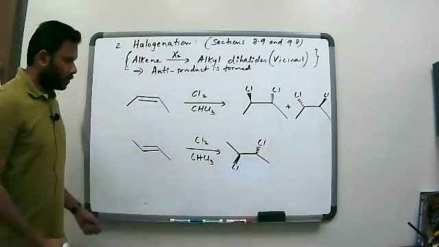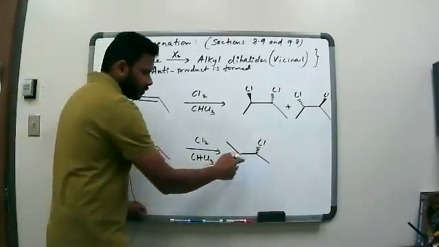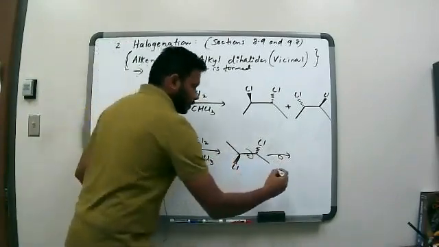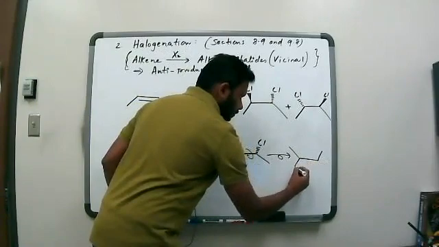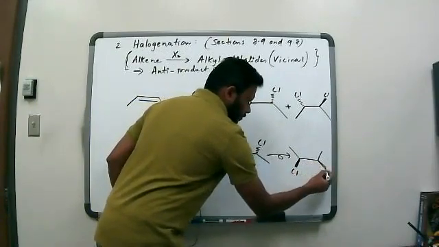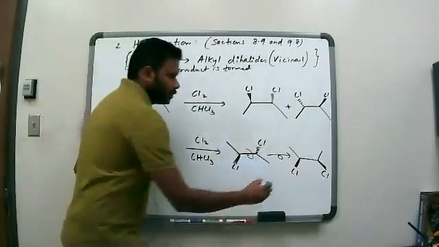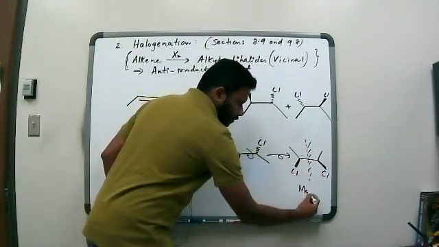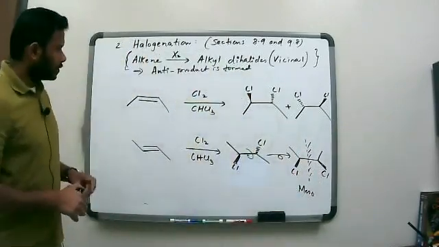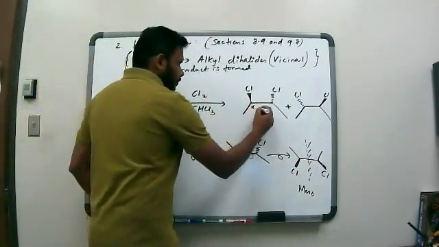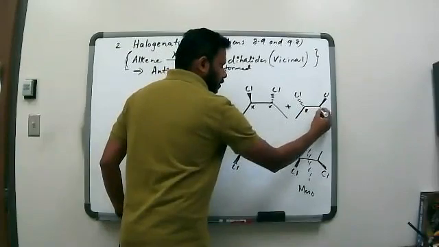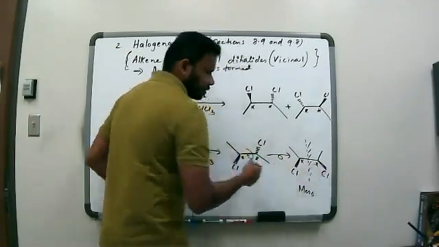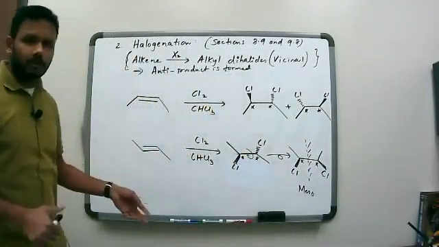And this product now, you might think you will get another enantiomer, but if you look at this compound here, once I do a rotation about this bond, I can draw it like that, which now is a meso compound. Okay, so when you have more than one chiral center in your molecule, there are a lot of stereochemical aspects that you have to keep in mind. So that is another example of a chlorination.